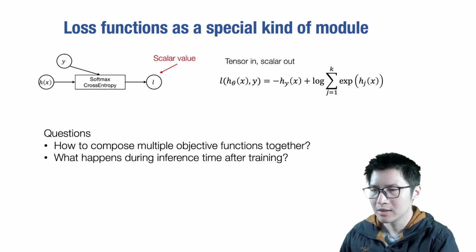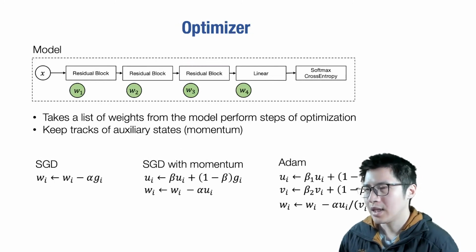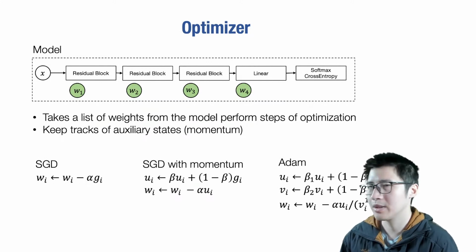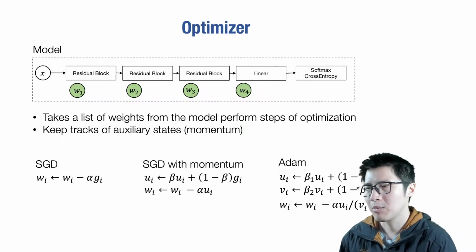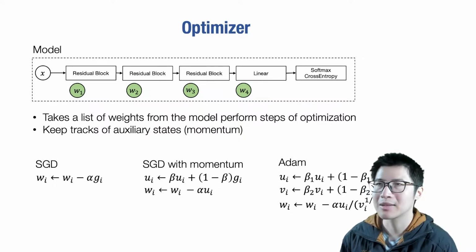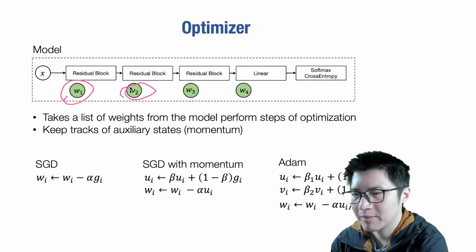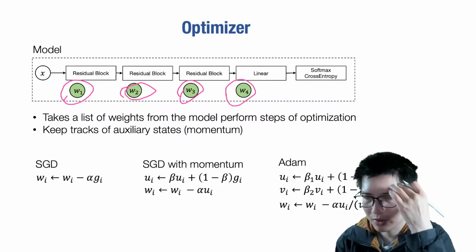Okay, that's loss functions. Besides loss functions, for given neural network models, we want to be able to take in a model and then perform weight updates for it. There are implicitly weights attached to each of the modules.